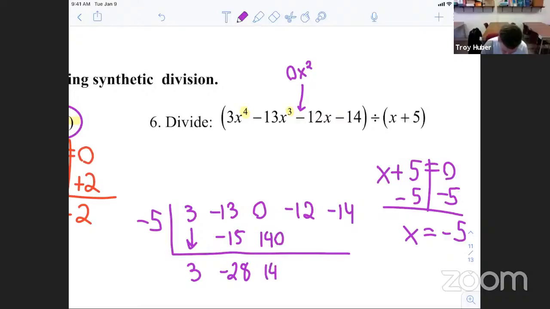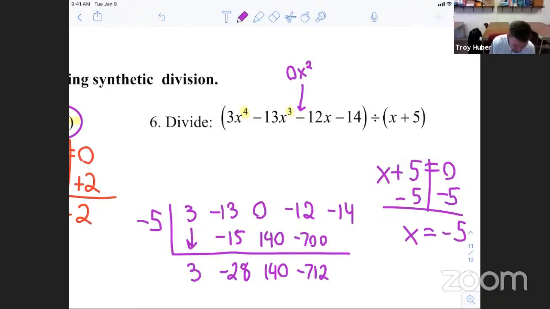Add again. 140 times negative 5, I believe this one should give us negative 700. So add them up. It's negative 712.